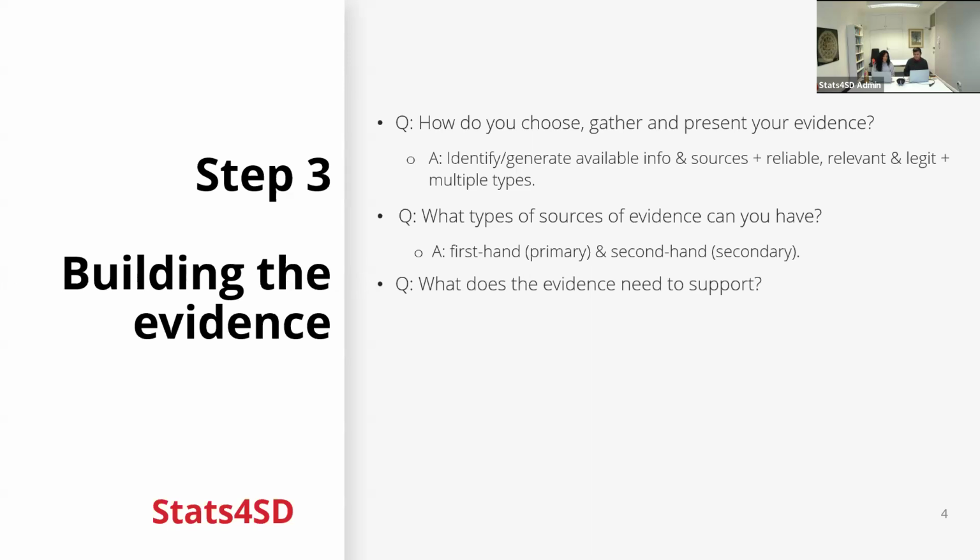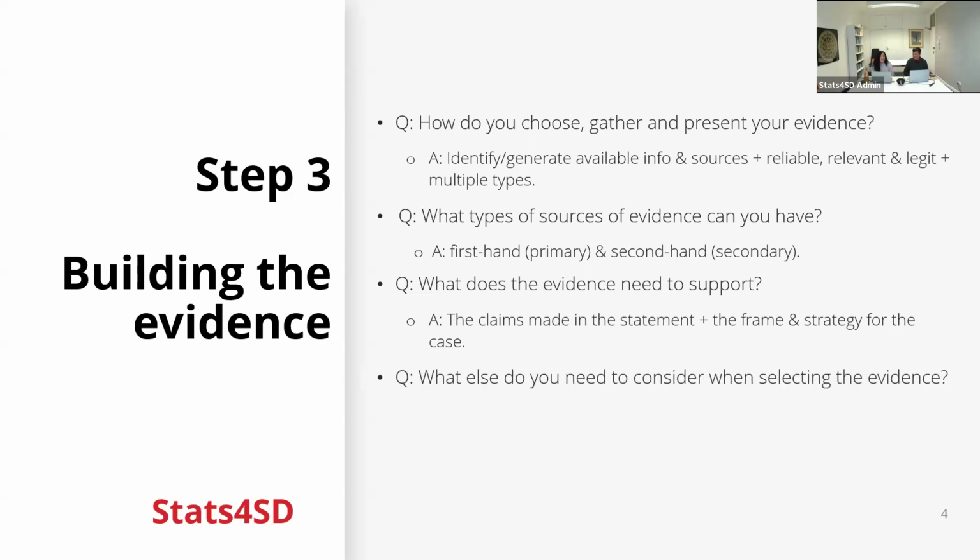We have, I think, already addressed this question about what the evidence needs to support. And we need to make sure that there is, as Carlos was saying, a strong link between the claims that we make in the statement and the frame and the strategy that we use for the case, and then obviously the evidence that we use to support the claim and the frame.